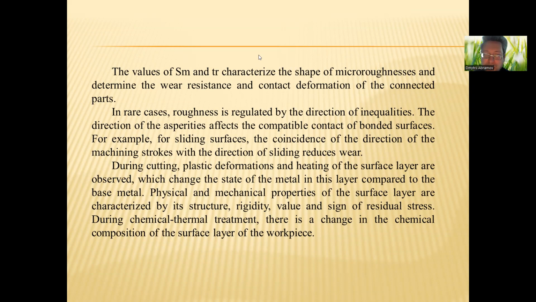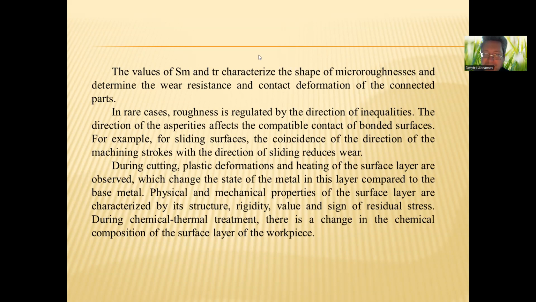The direction of the asperities affects the compatible contact of bonded surfaces. For example, for sliding surfaces, the coincidence of the direction of the machining strokes with the direction of sliding reduces wear.